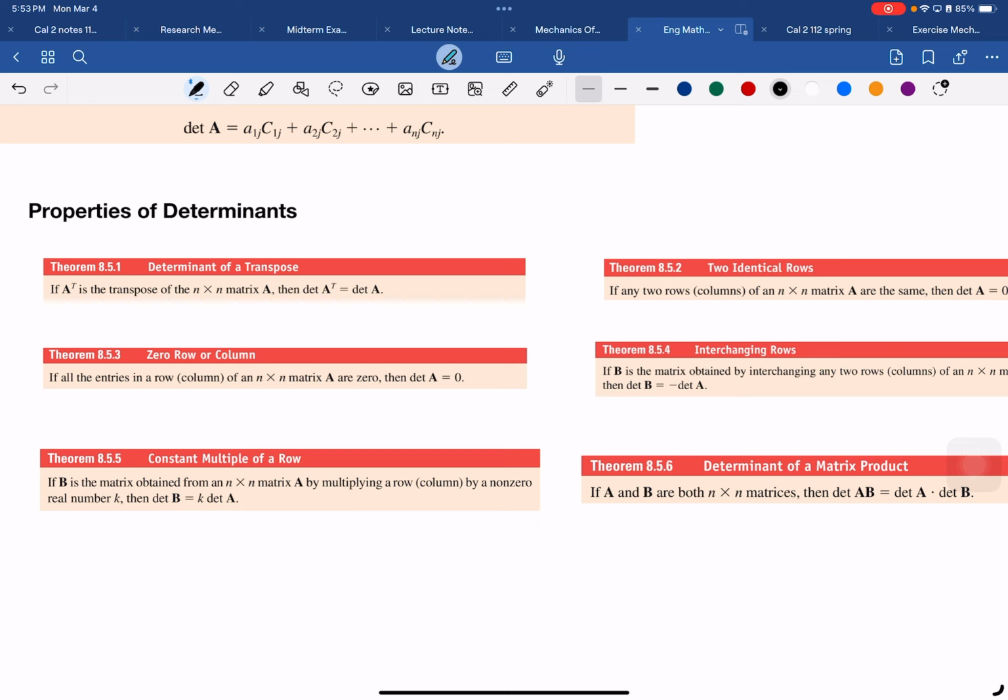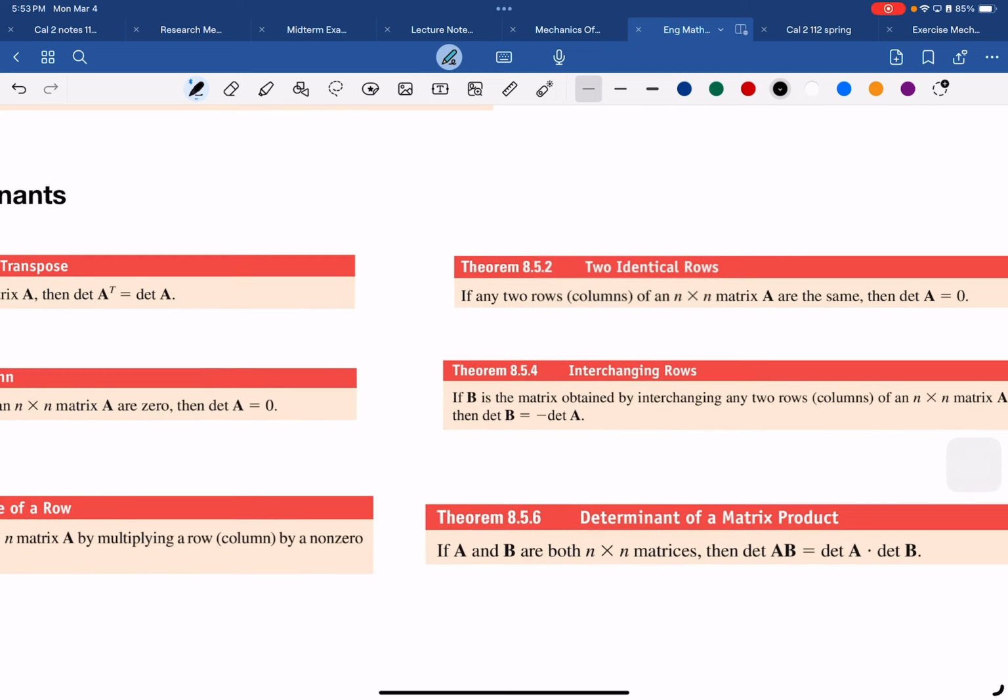When we have the coefficient 0, the calculation will be 0. And then if we multiply a row or column by some non-zero real number, we are going to have a multiplication by that number. And then if we have 2 identical rows, then the determinant should be 0 because the numbers will subtract each other and it will be 0.